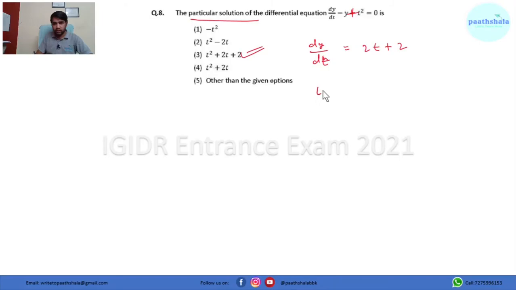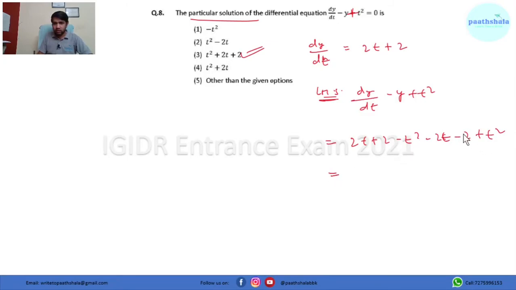Okay, so taking LHS, we will get here dy by dt minus y plus t square. So dy by dt is 2t plus 2, and minus y is minus t square minus 2t minus 2, and plus t square.